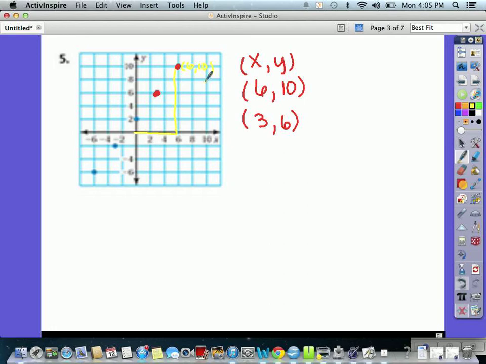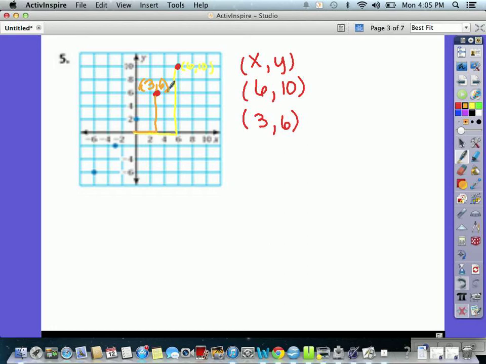For our next point, you will go over to 3, and you will go up to 6. And that's how we come up with the ordered pair 3, 6. So you need to know how to find ordered pairs on a graph.